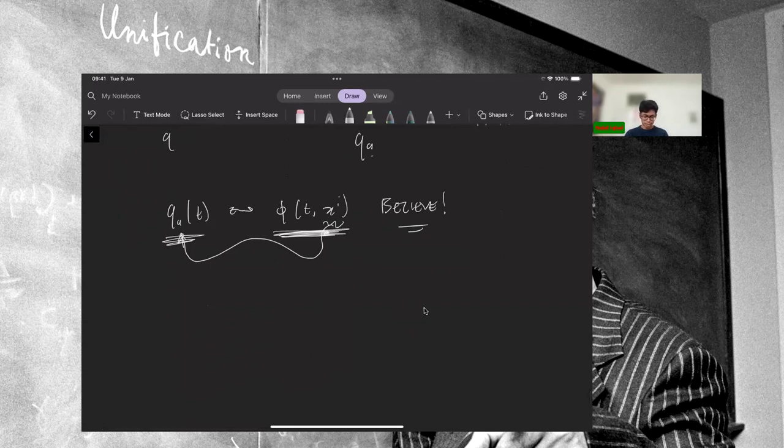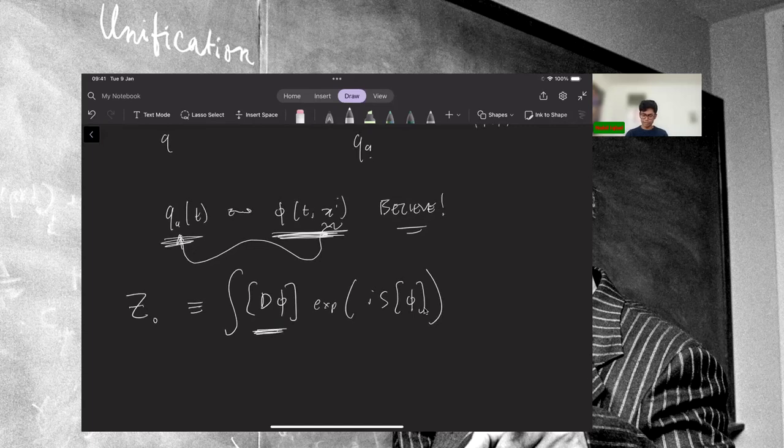The path integral that we care about is basically just going to be the integral over all field configurations times the exponential of i S of phi, where the integral d phi now means integrate over all fields which depend on both space and on time.